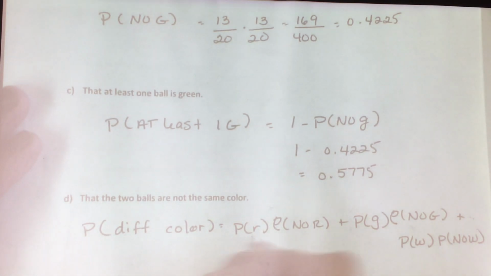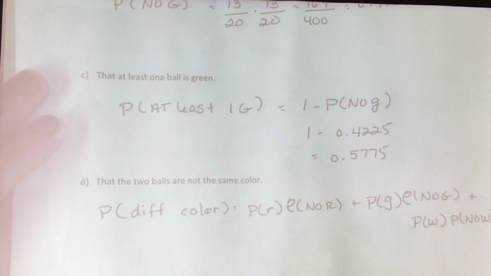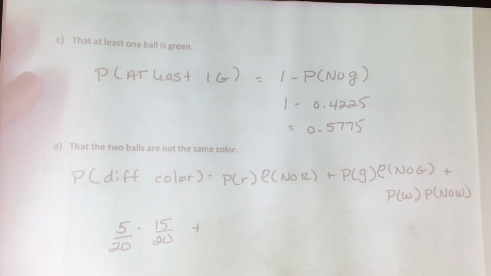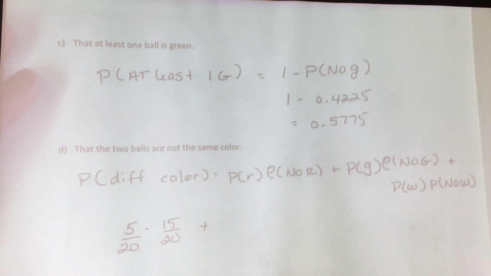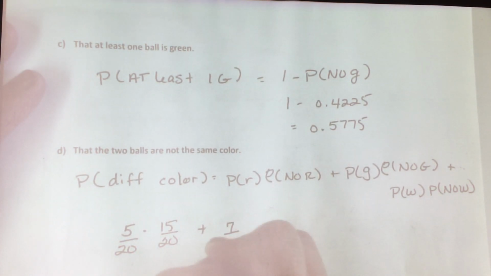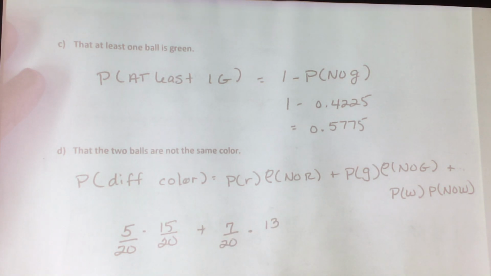So the probability of red is 5 out of 20, times the probability of not red, and you have 15 that are not red, so times 15 out of 20. Plus, now we're doing the probability of green, and here you have 7 that are green, times the probability of not green, and there you have 13 balls that are not green. So 13 out of 20.